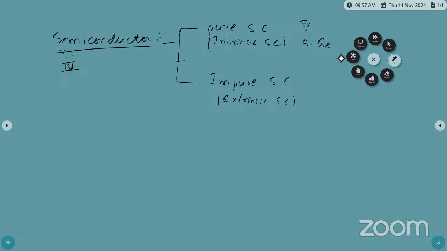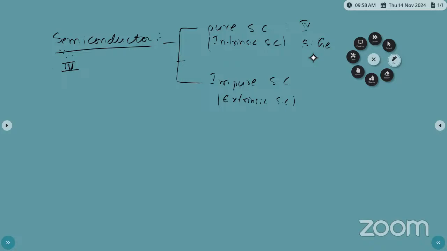What is the silicon atomic number? 14. In this fourth group, with 14, there is a chance of valence electrons. Every atom, whether germanium, silicon, aluminum, boron, phosphorus, any element in the periodic table, has a unique atomic number, and based on the unique atomic number, the element has valence electrons.